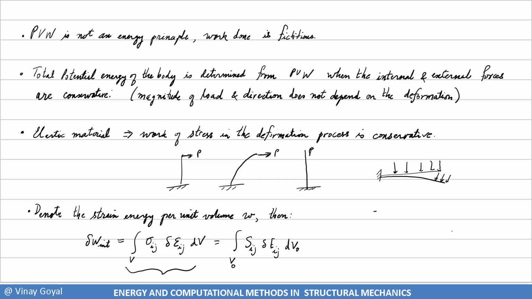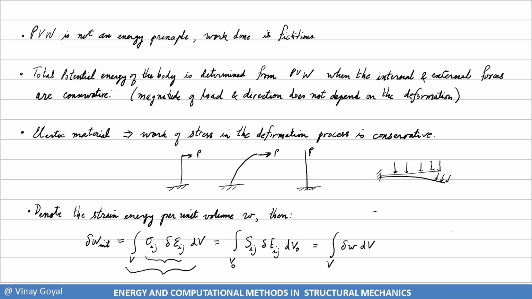I can write what's inside here as del W dV. So with the strain energy per unit volume W, sigma ij del epsilon ij is equal to the integral over the volume of del W.